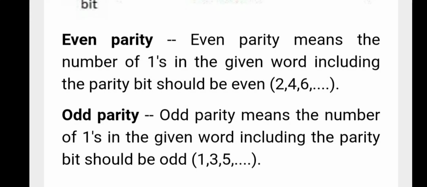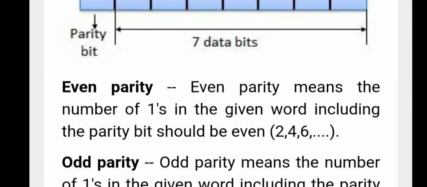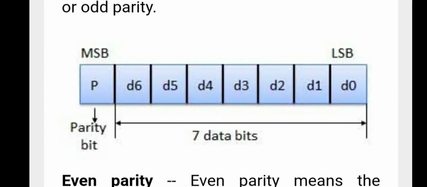Odd parity means the number of ones in the given word, including the parity bit, should be odd, I mean 1, 3, 5, 7, 9, 11, like that. See here, this is one 8 bit word with a parity bit.